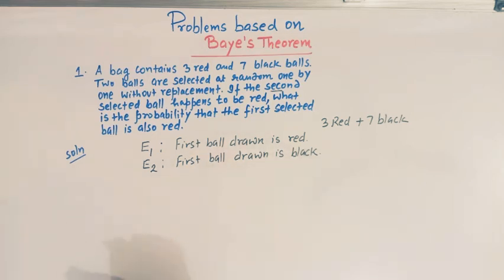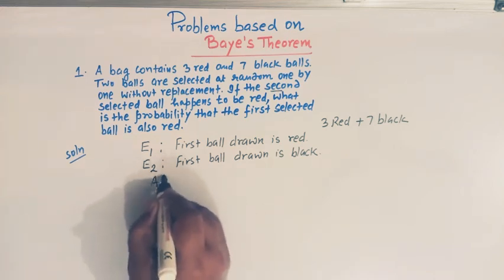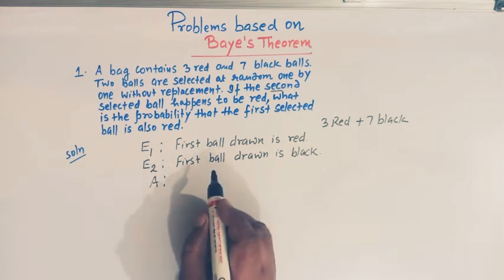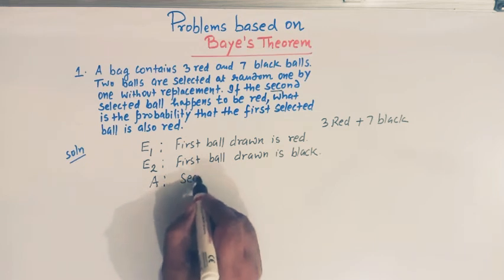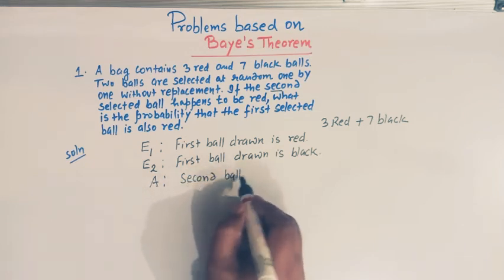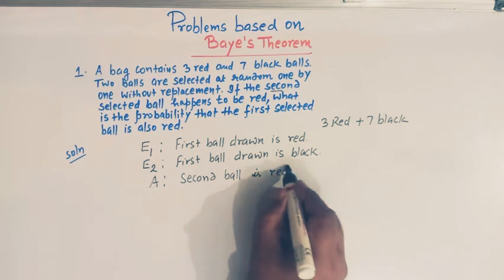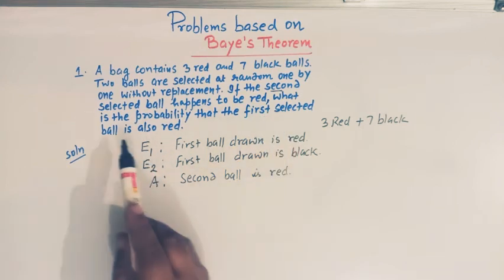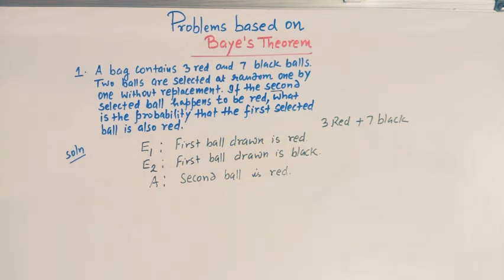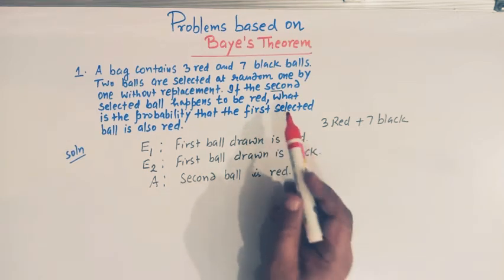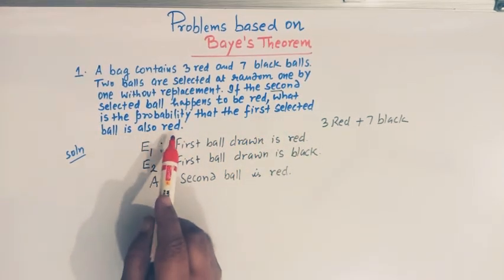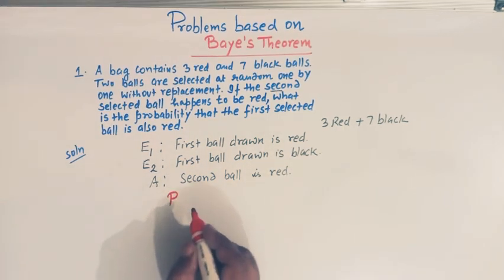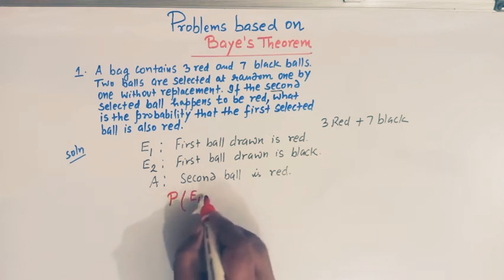Clear? Now let us assume the event A as the second ball is red. So here we have to find the probability that the first selected ball is also red, so it means we have to find the probability P(E1 by A).